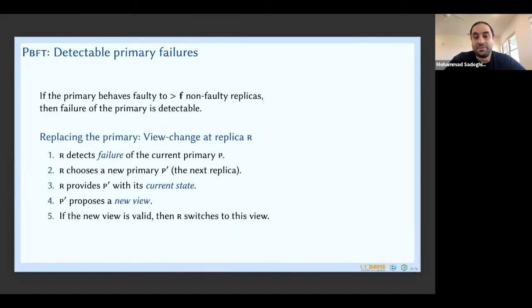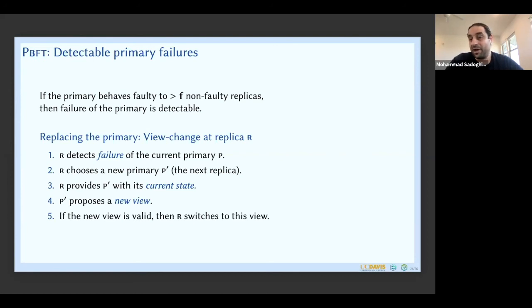So as long as the primary behaves faulty to more than F replicas, then things could get triggered.